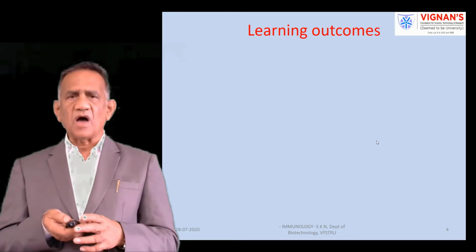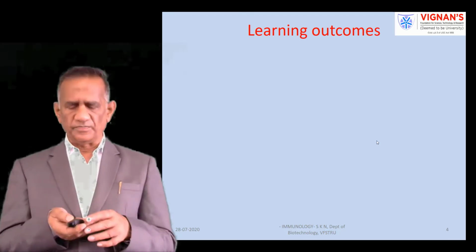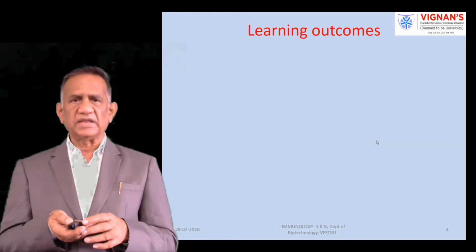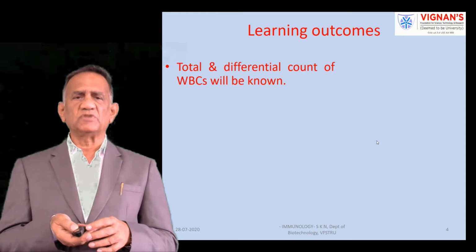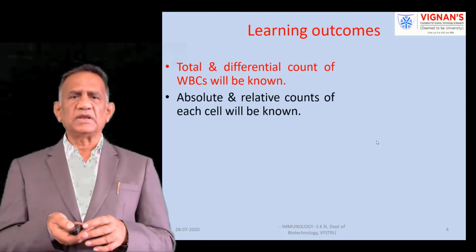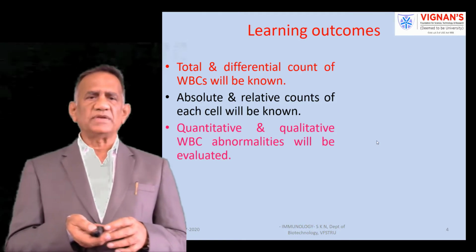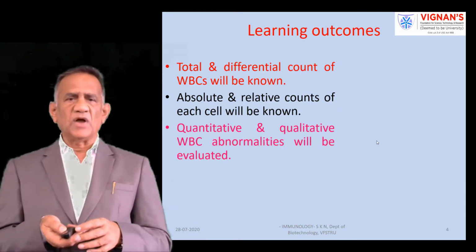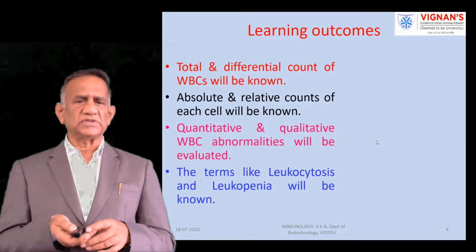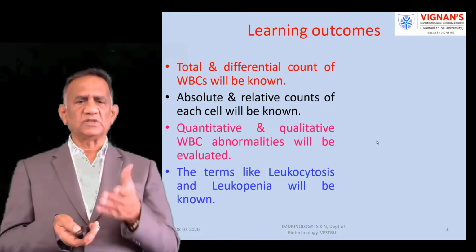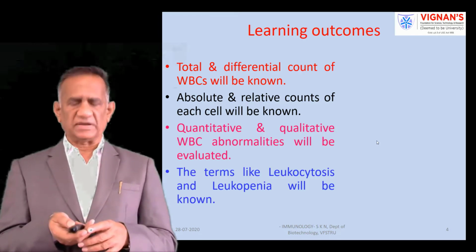After going through the topic 3 PPTs, the outcomes we expect from the learners are: the total and differential count of WBCs will be known, absolute and relative counts of each cell will be known, quantitative and qualitative WBC abnormalities will be evaluated, and terms like leukocytosis and leukopenia will be known. Nowadays, the term leukopenia is widely used in this coronavirus pandemic.